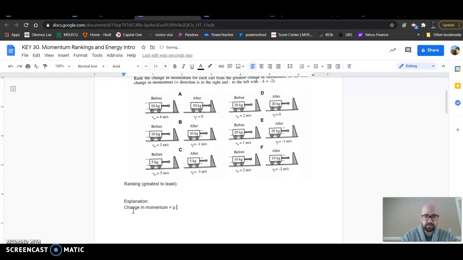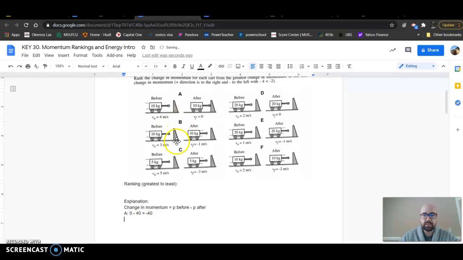Let's say momentum before minus momentum after. So for all of these, like for A, the momentum after is mass times velocity. So after has a momentum of 0, minus the momentum of before is 10 times 4. So 0 minus 40 equals negative 40.